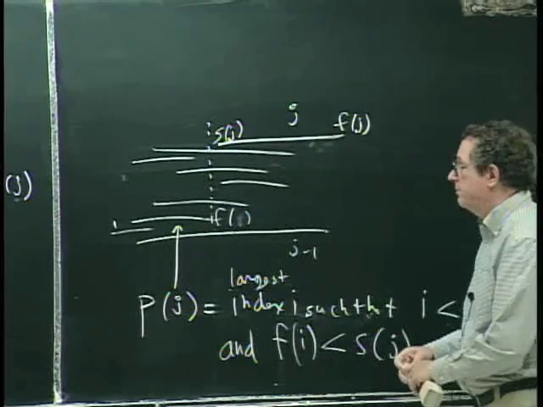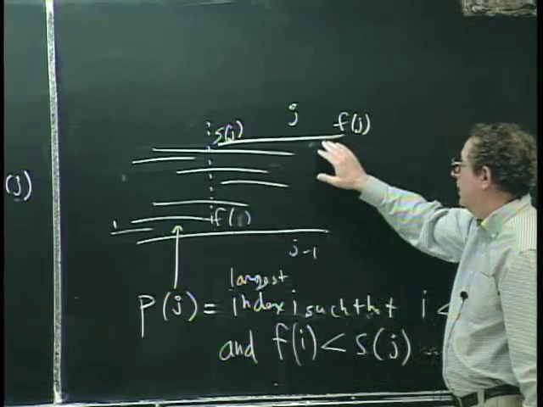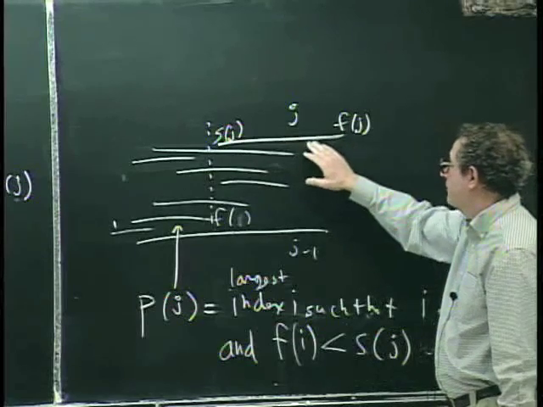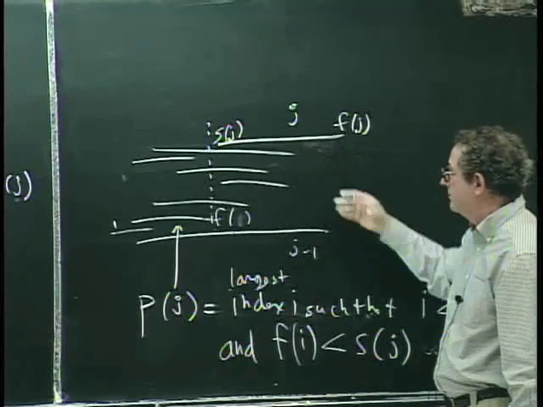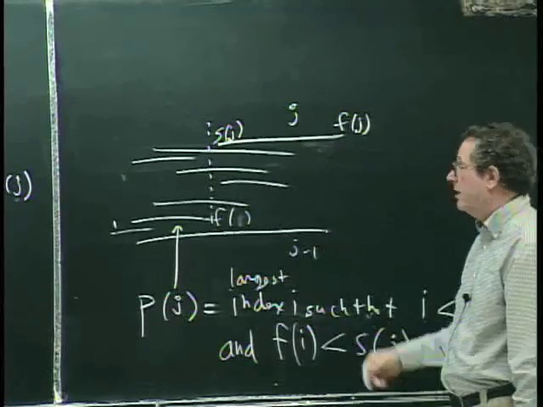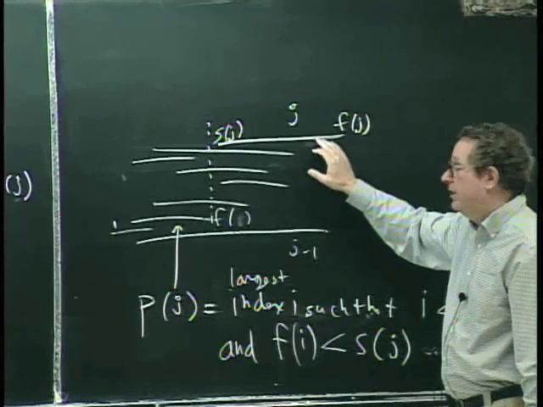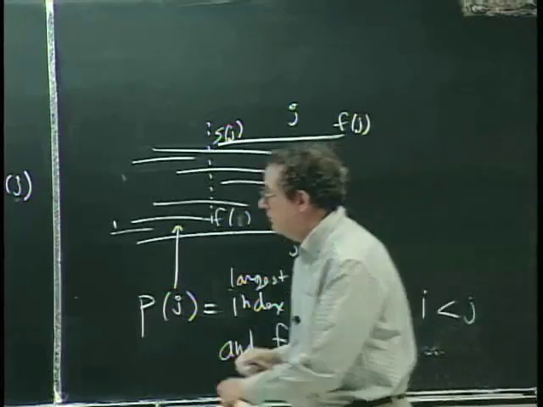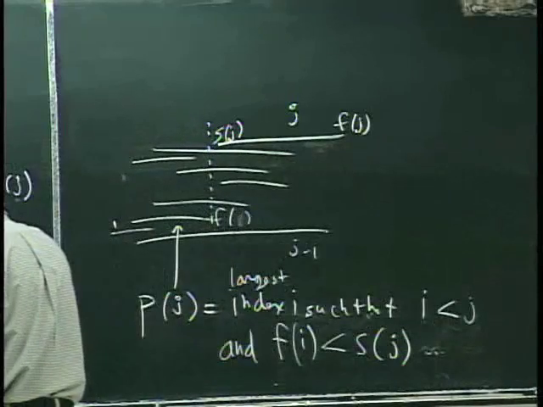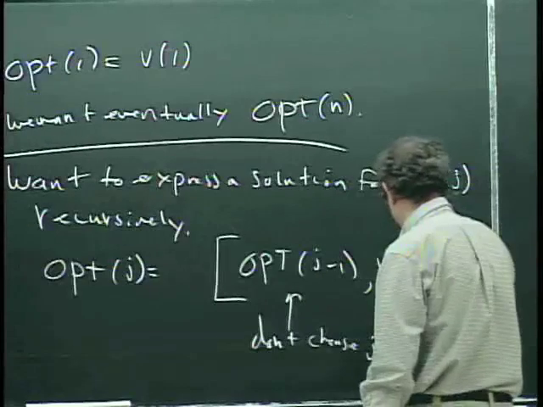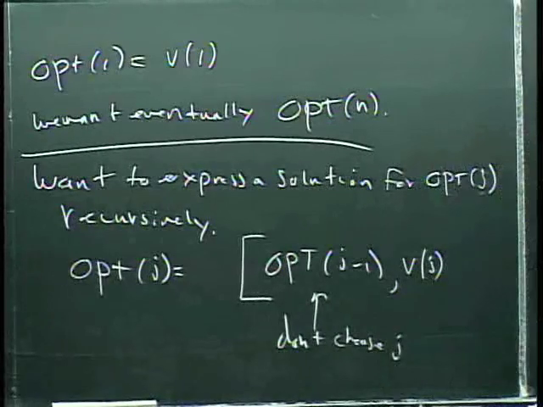All right, so back to the second case. We're looking for subsets of intervals that are pairwise non-overlapping and that do include j. Now, if they include j, then what's their value? Well, you get the value of j, because you're taking j.